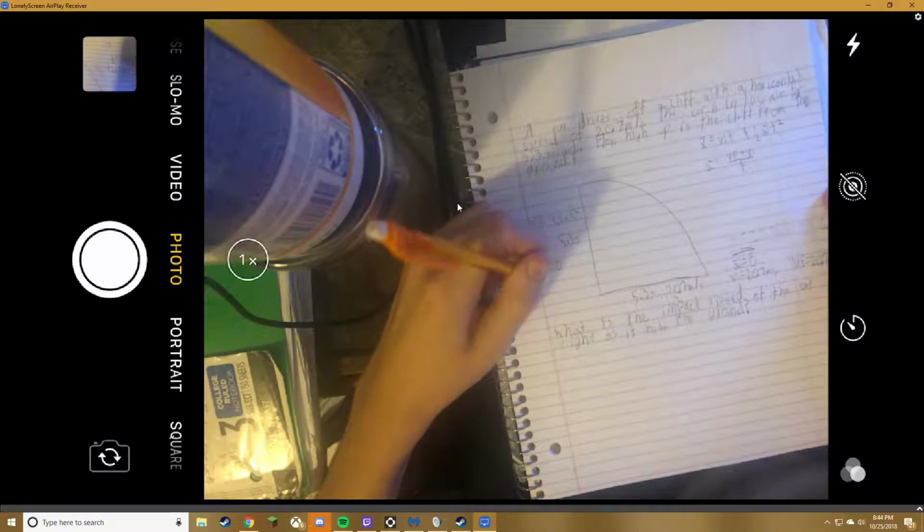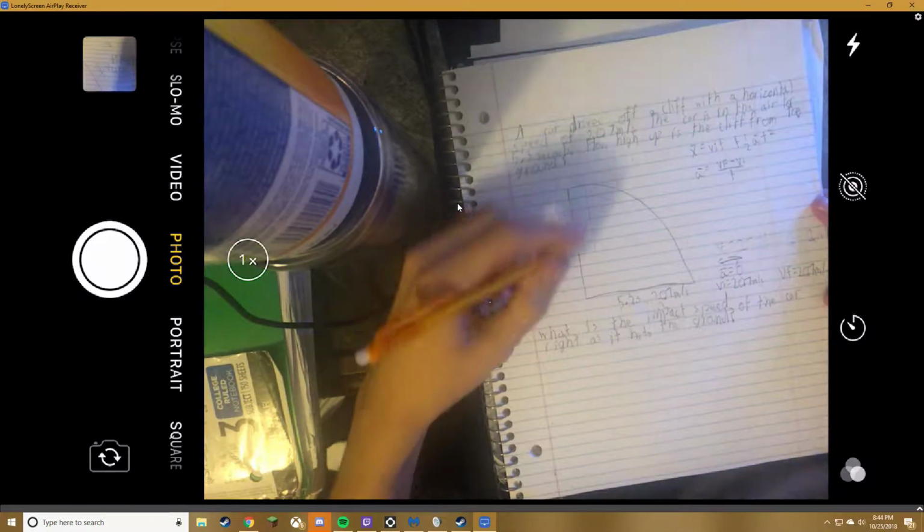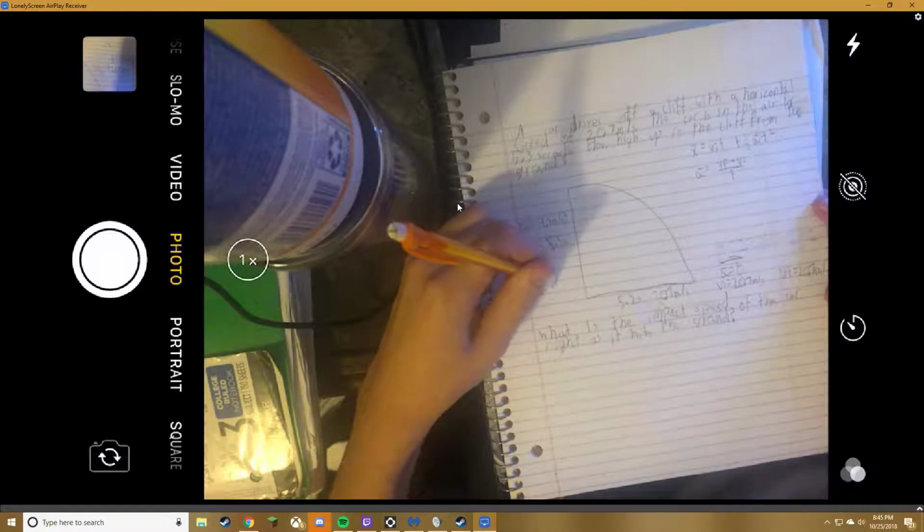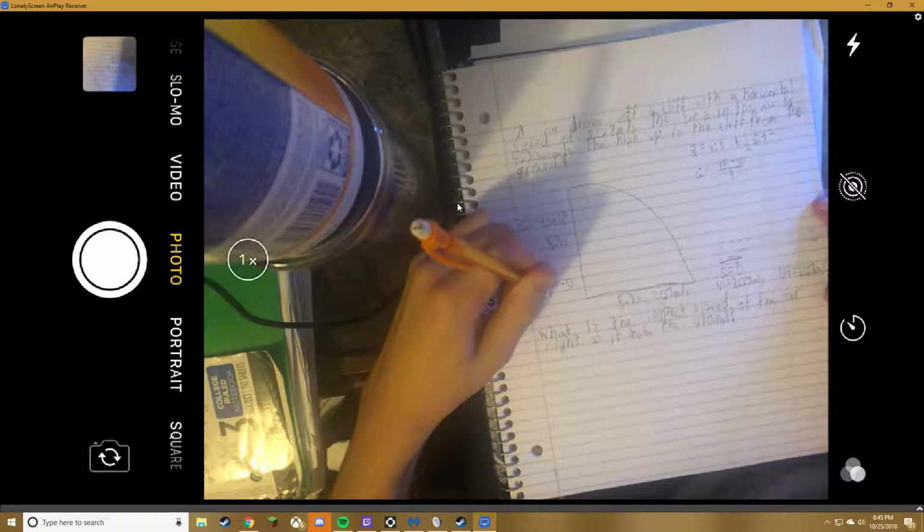We know the acceleration equation right here, so we plug the values we have into it. Negative 9.8 equals VF, that's what we're solving for, minus 0 over 5.3.